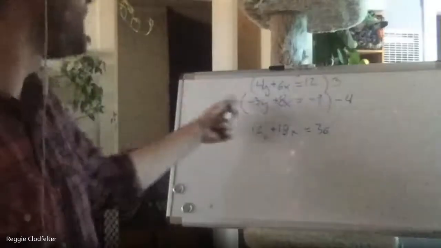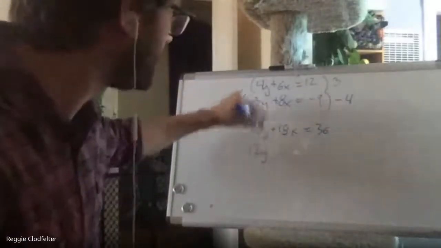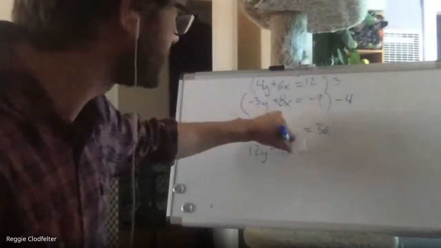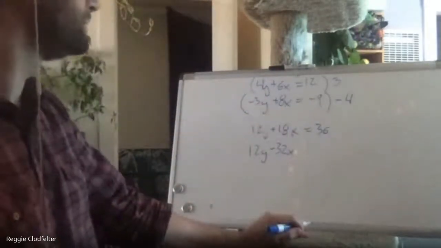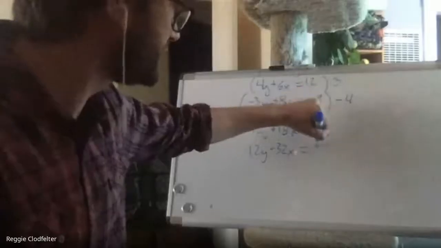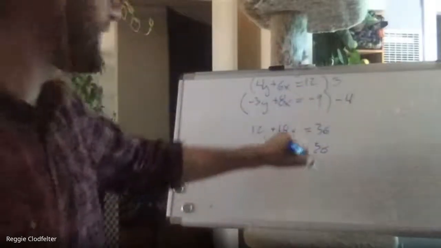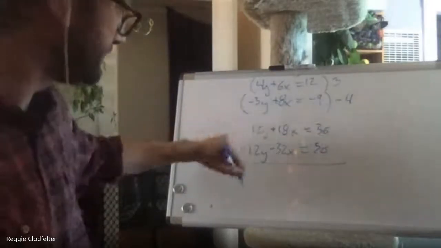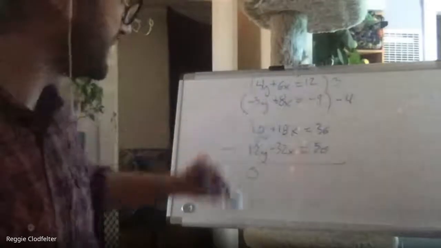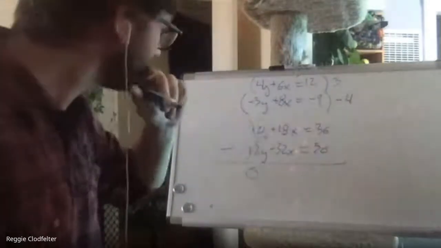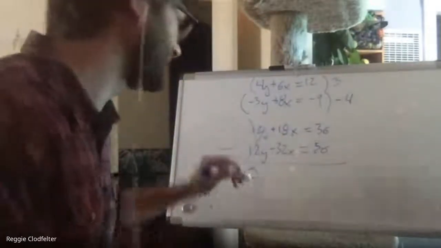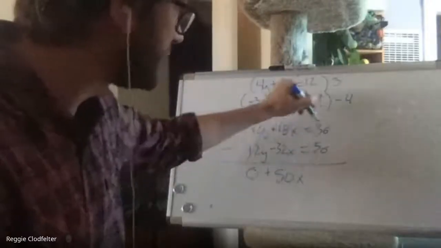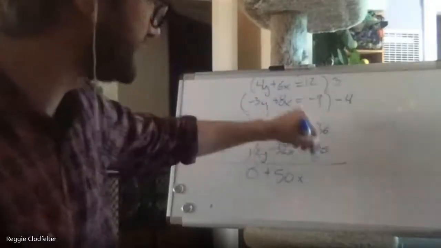So then you get positive 12y minus 32x, equals 36. So now you subtract. 12y minus 12y is 0. 18x minus, or minus negative 32x. 40? No, 50. Plus 50x. 36 minus 36 equals 0.